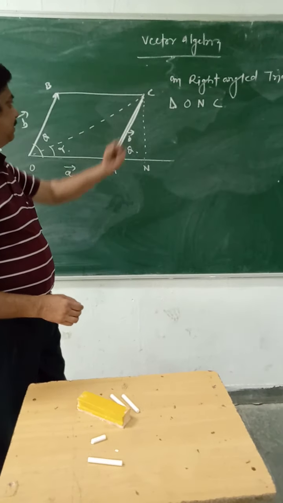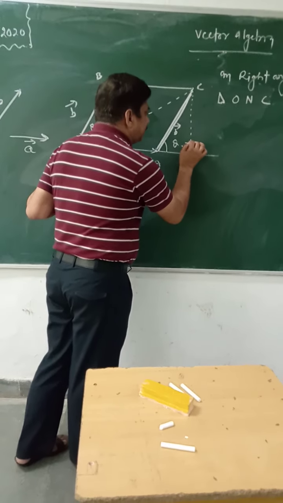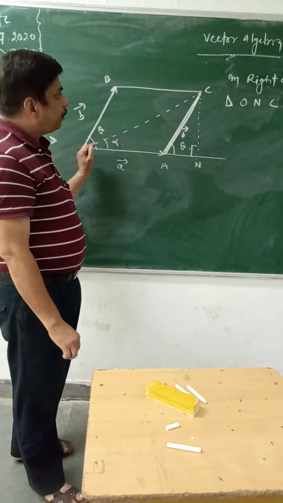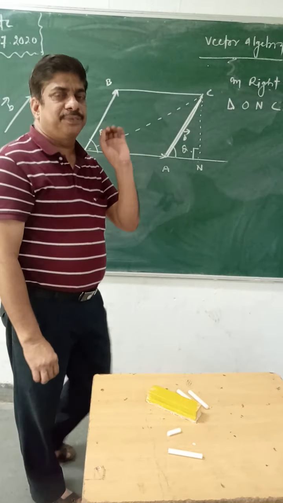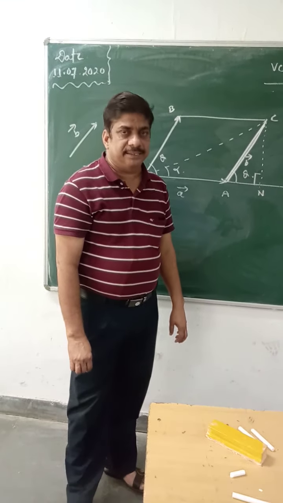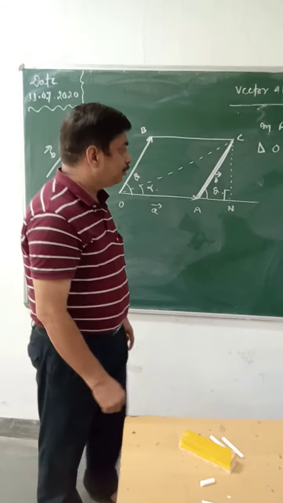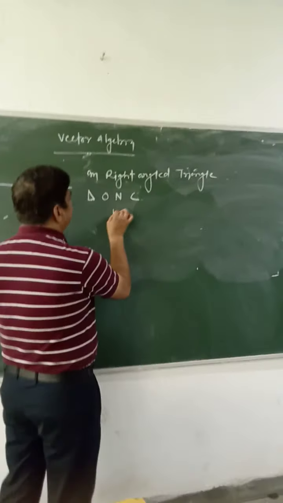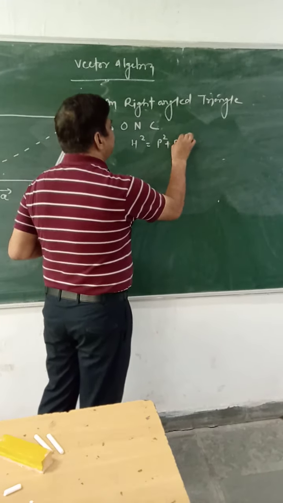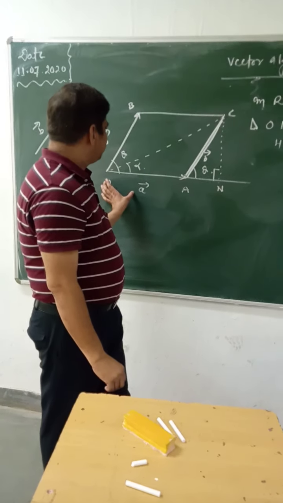O. So we have drawn the perpendicular, that means it is 90 degrees. For the right angle we have the specific theorem you might have read in lower classes. Yes, that is the Pythagoras theorem. In that Pythagoras theorem, what we have read: h square is equal to p square plus b square. So here what is h?